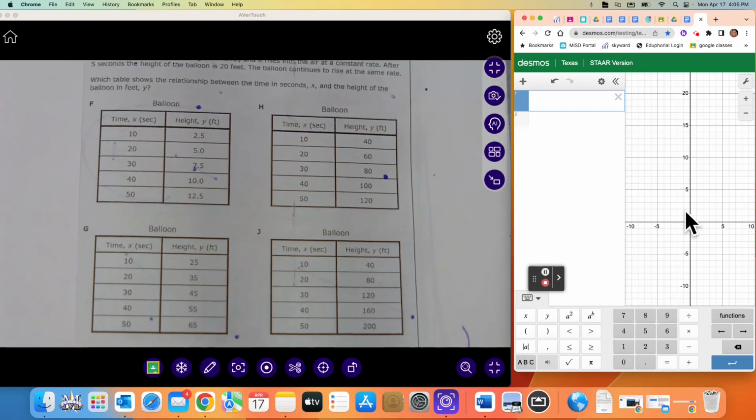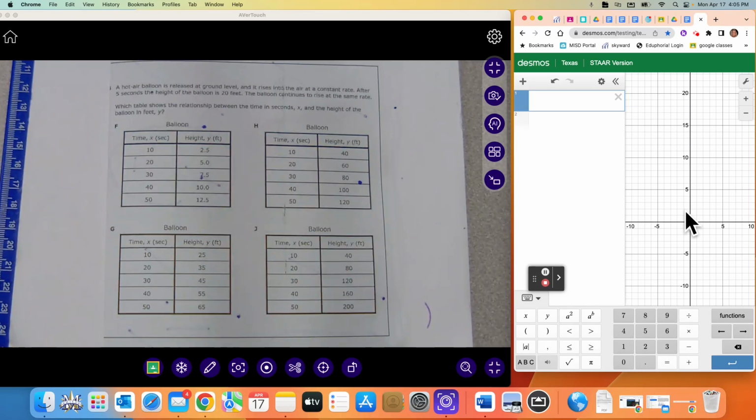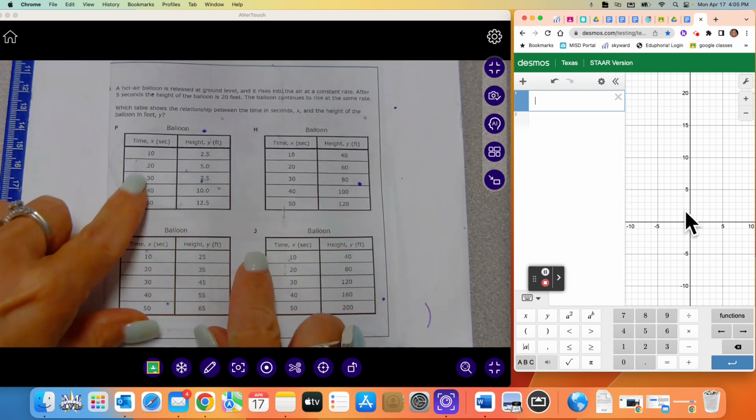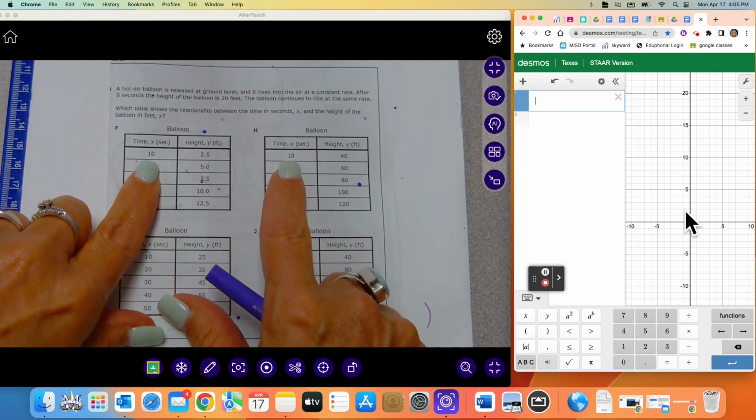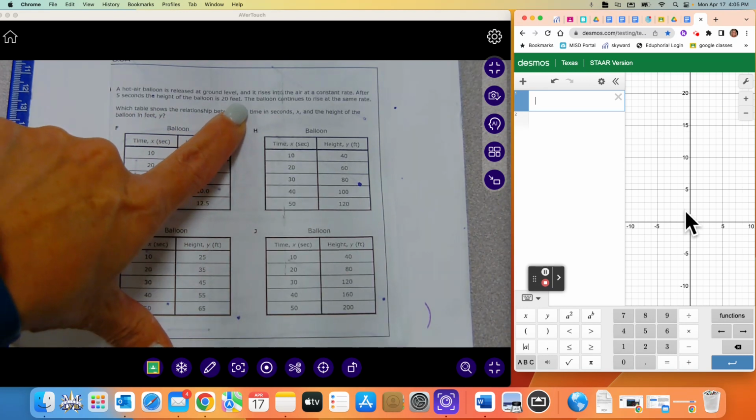Let's look at this one. Okay, a hot air balloon is released at ground level, and it rises into the air at a constant rate. After 5 seconds, the height of the balloon is at 20 feet. Which table shows that? But if you notice, it starts at 10 seconds. Okay, so at 5 seconds, it's at 20 feet and it's rising.